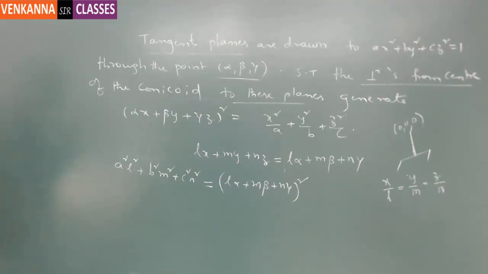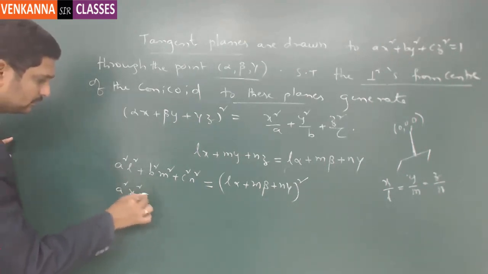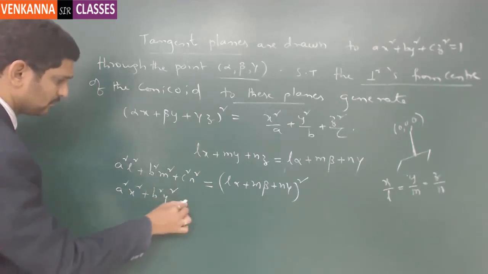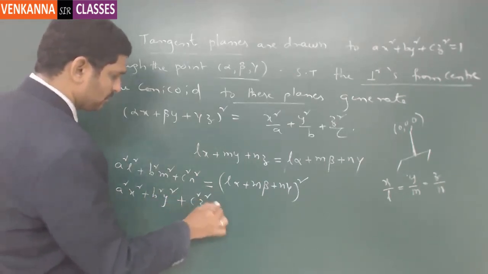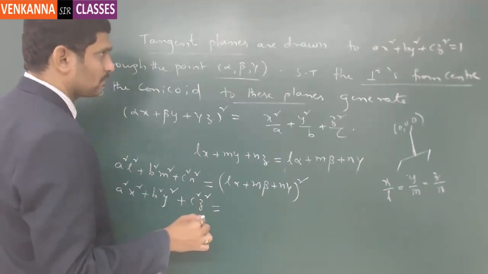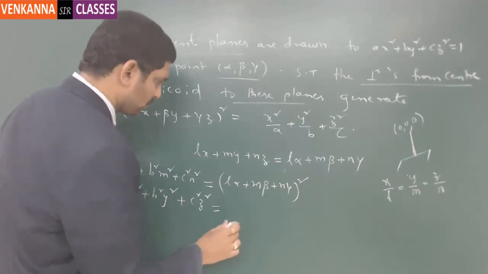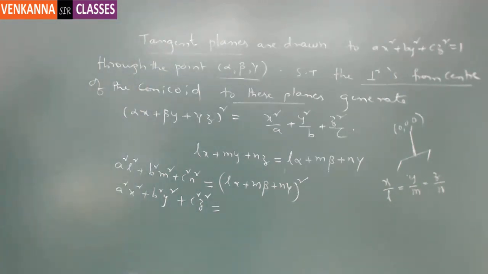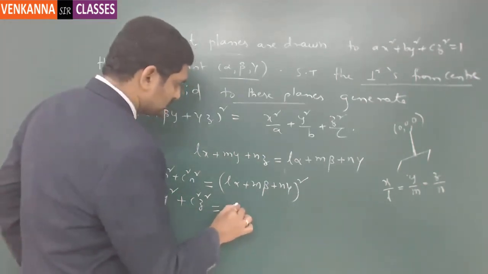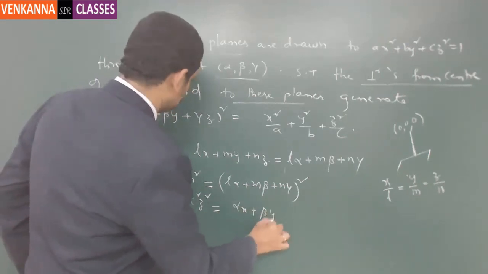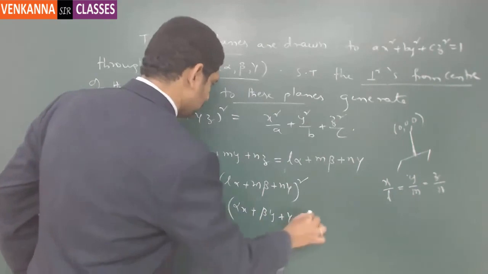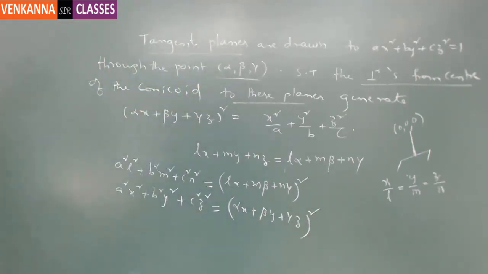So here you can write the equation a square x square plus b square y square plus c square z square is equal to (alpha x plus beta y plus gamma z) whole square. You please take a note of that.